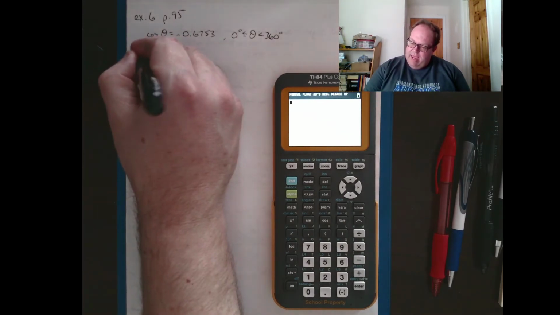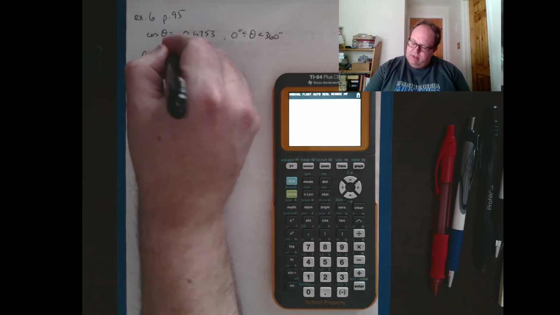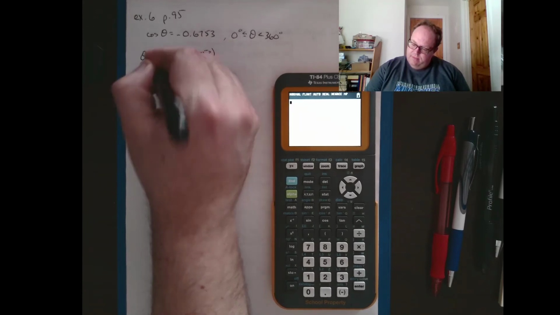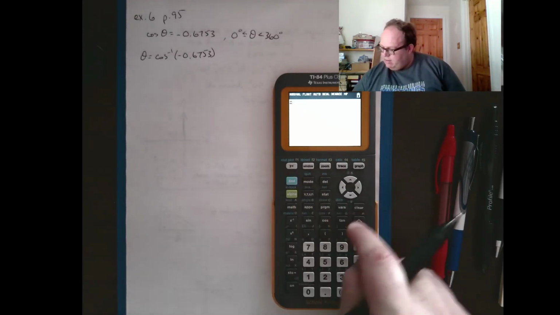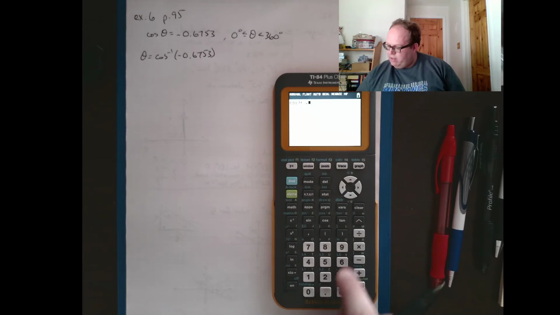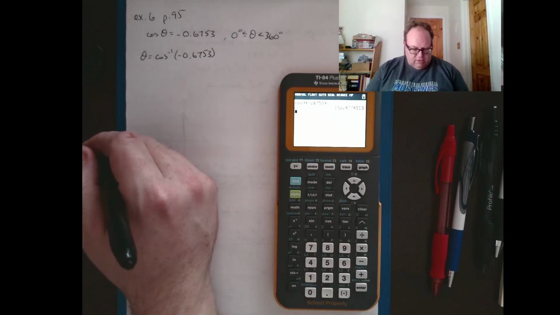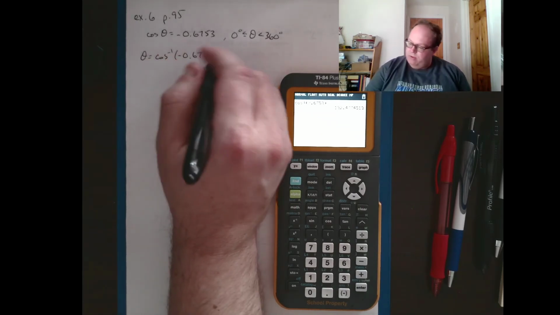So my angle I can start out as talking about is the inverse cosine of negative 0.6753. And when I do that, my calculator tells me we have an angle of about 132, and we're asked to record this to a tenth, so 132.5 degrees.